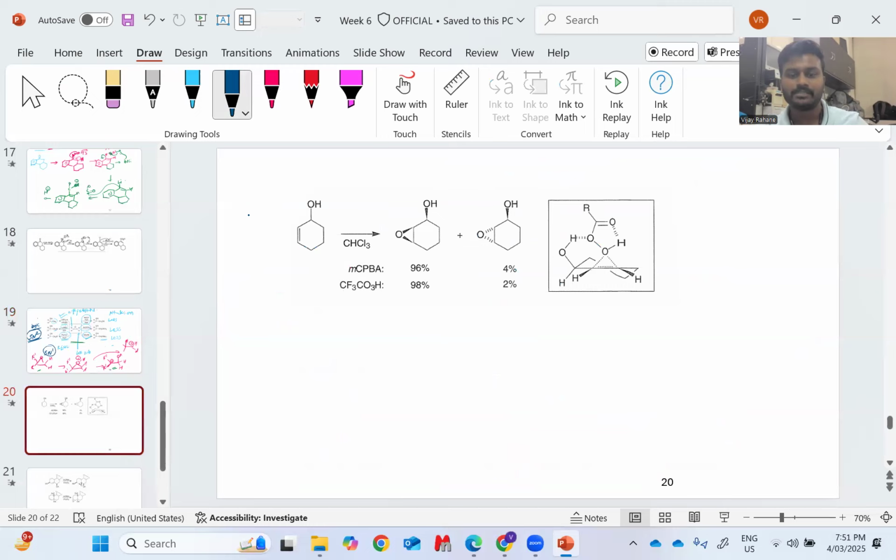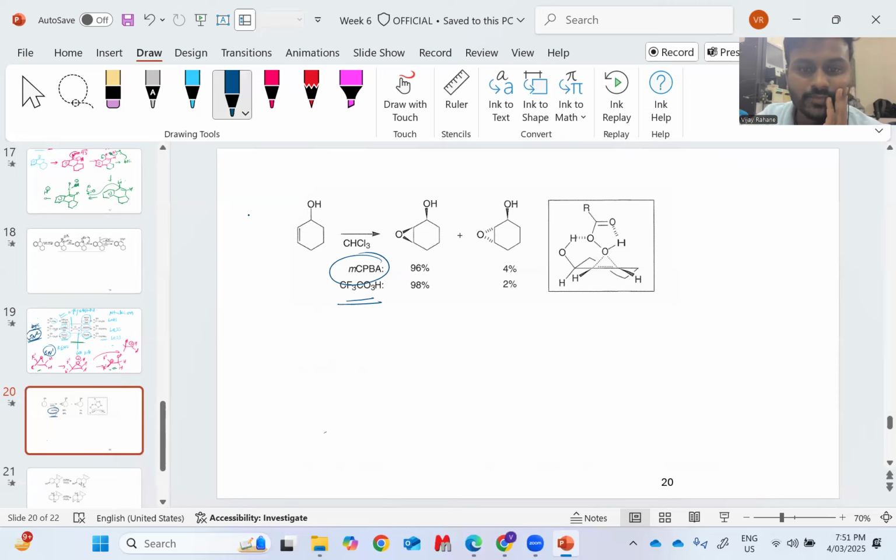Further, let's say we have some examples here. Again, the regioselective epoxidation, and in this case also you can see we have used mCPBA in chloroform, the metachloroperbenzoic acid, and CF3CO3H, that is also a peracid, trifluoroperacetic acid, right?